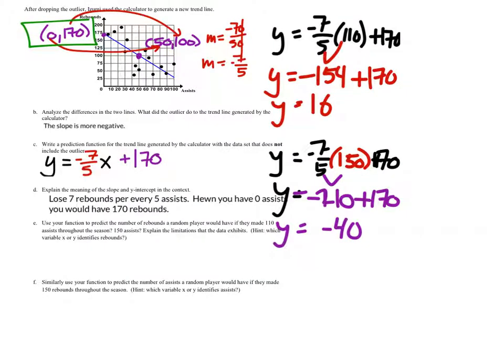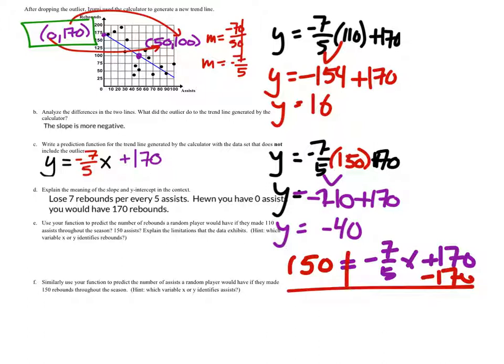Similarly, use your function to predict the number of assists a random player would have if they made 150 rebounds throughout the season. Rebounds is the Y, so I'm going to replace the Y with 150. This equals -7/5 X plus 170. To solve this, I would subtract 170 from both sides.